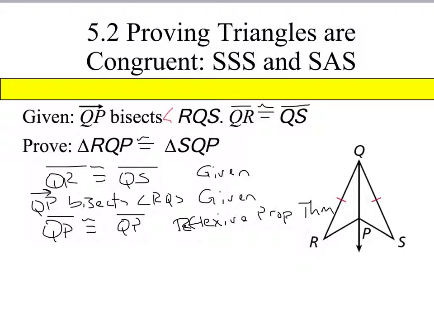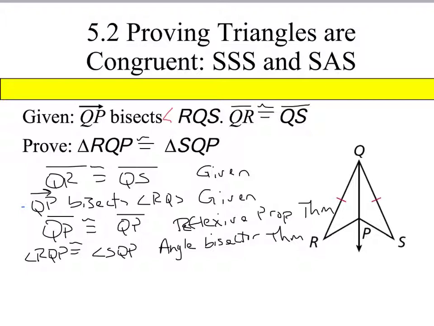Now, using that second statement that QP bisects angle RQS, that comes into play right now because that tells me that angle RQP is congruent to angle SQP because of our angle bisector definition or theorem.